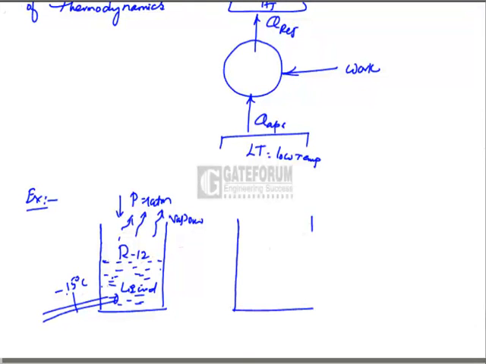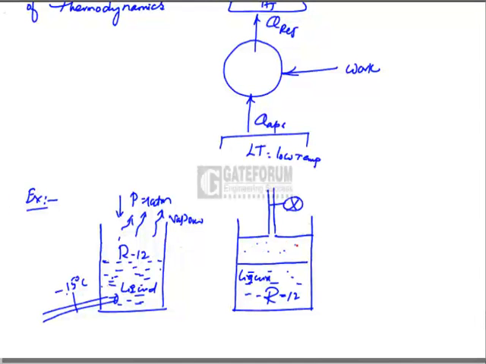Now, if you keep some closure over the surface of the R12, this is R12 liquid. I have a control valve. Now I have let out the refrigerant vapor in such a manner that the pressure acting on the refrigerant liquid is more than 1 atmosphere.